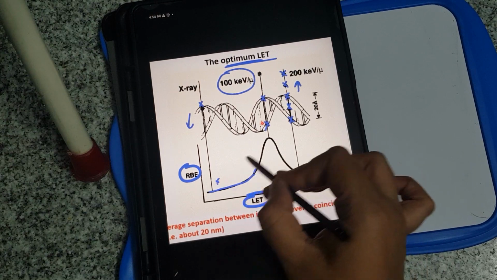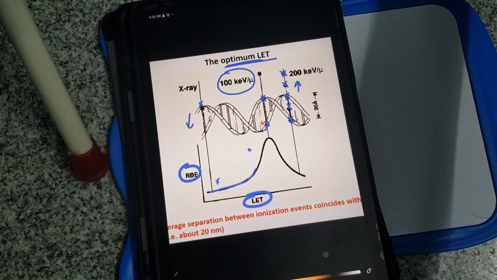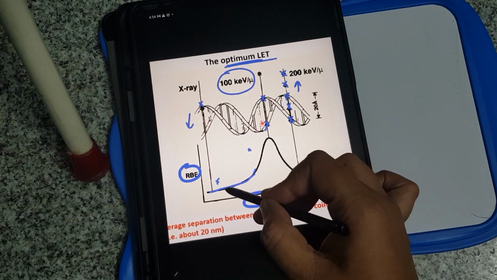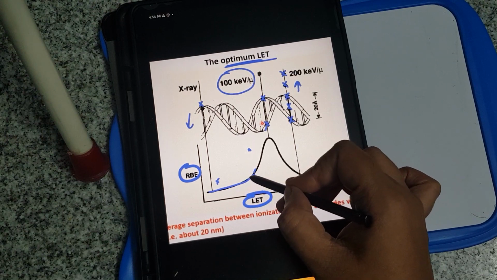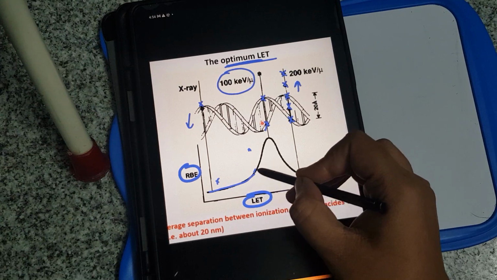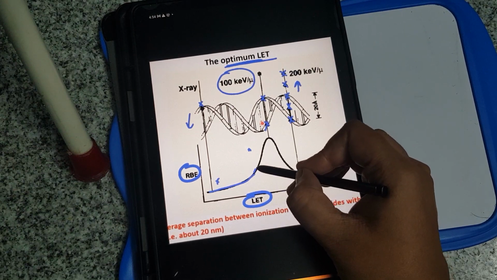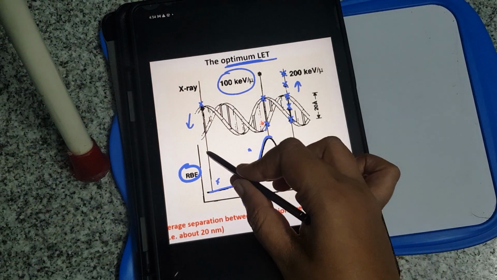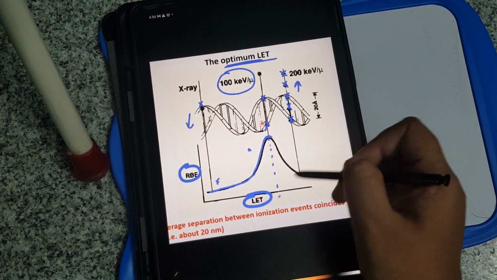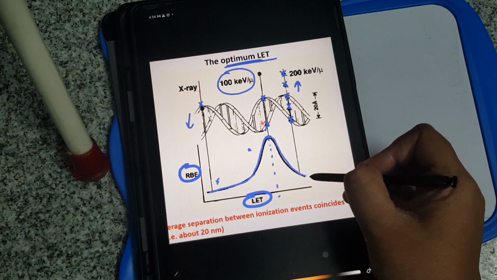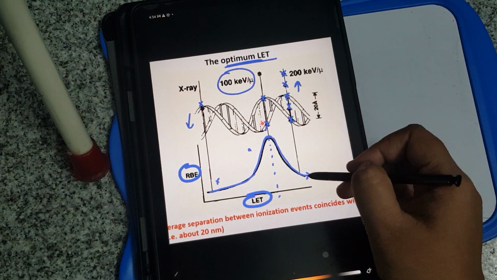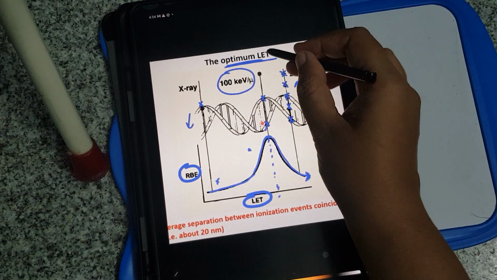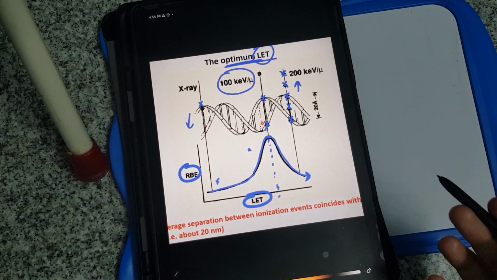So this is for X-rays, and this one if you just take for neutrons. With lesser ionizing, the RBE and LET increase. As you increase the LET, coming to the increasing ionizing, the RBE will be most for around 100 keV, and then after 100 keV per micrometer, the RBE also decreases. So this is the most optimum LET which is required.